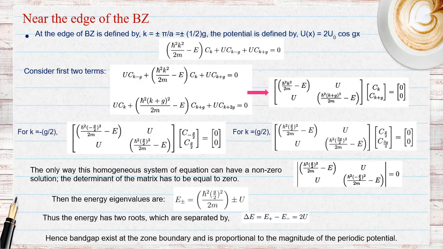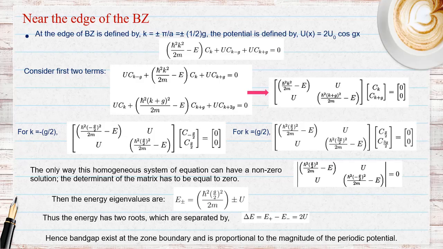So the energy eigenvalues can be represented as two values, one with a plus and one with a minus: E plus or minus is equal to h cross square (g by 2) whole square by 2m plus or minus U.